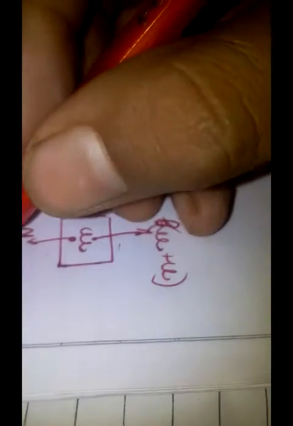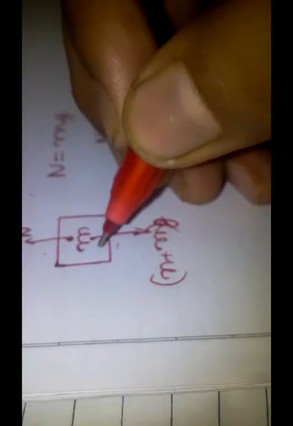So the free body diagram of mass m will be like this. Here also N will act. Now this is a free body diagram. This is just an example of a free body diagram.